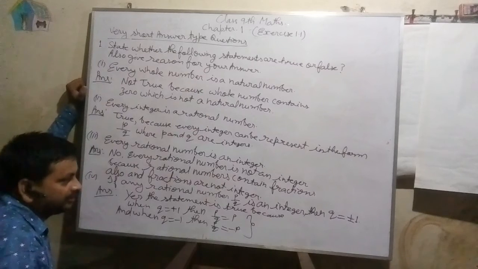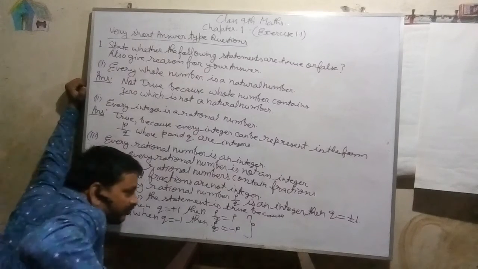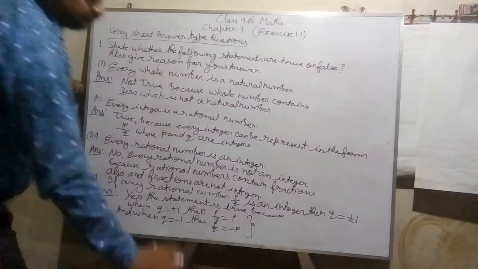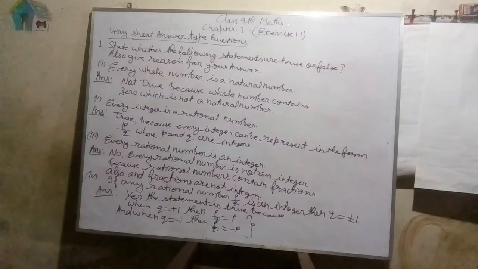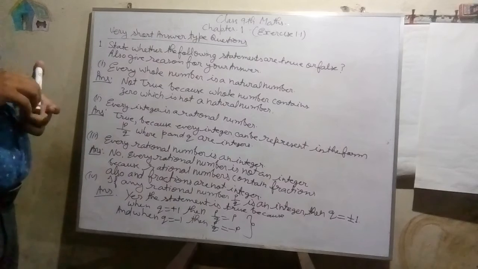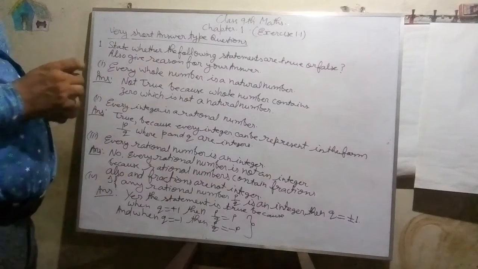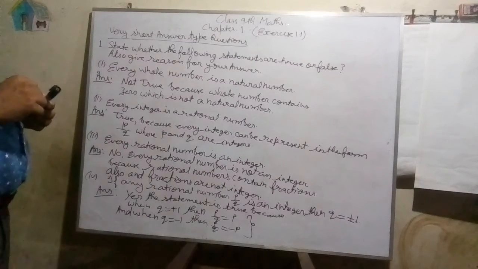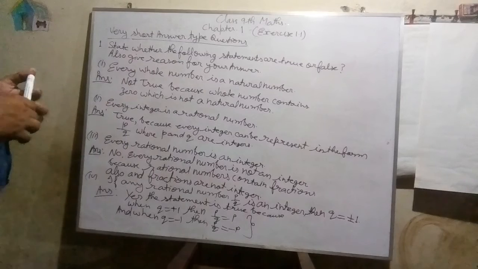So if any rational number p by q is an integer, then q equal to positive 1 or negative 1. Now next problem.